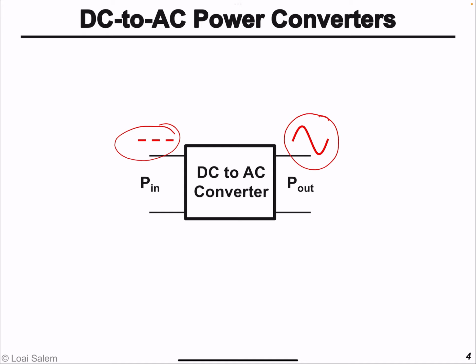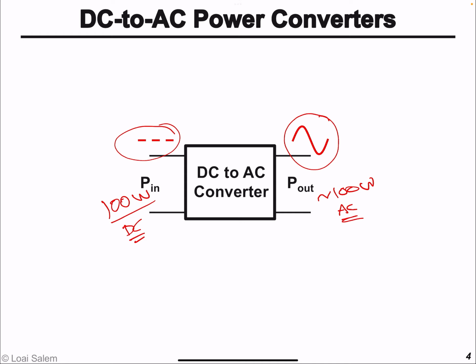Okay, so it changes the form of the electric power. If we have 100 watts of DC power, a DC to AC converter is going to convert it into almost 100 watts in AC form.